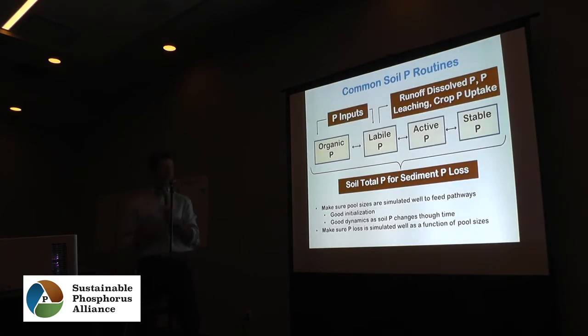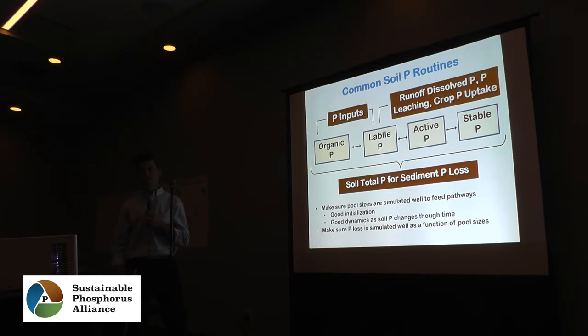Generally, this is what the phosphorus looks like in models like SWAT, APEX, EPIC, CREAMS, GLEAMS, and there are other ones out there. A lot of them use the same approach. Basically you have 3 inorganic pools, and then you have organic phosphorus too.